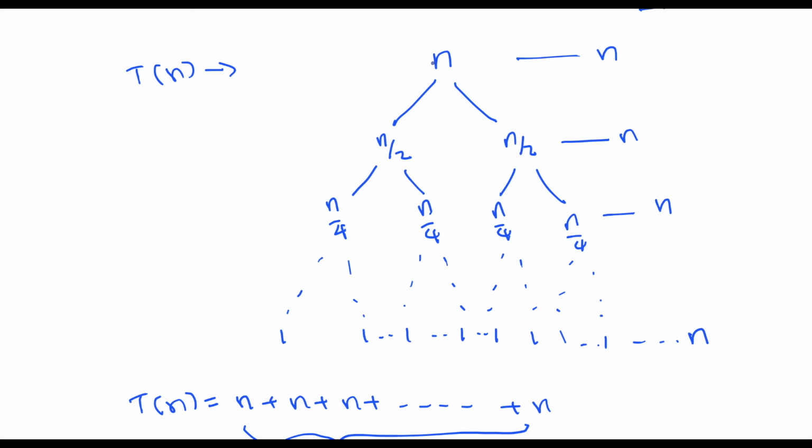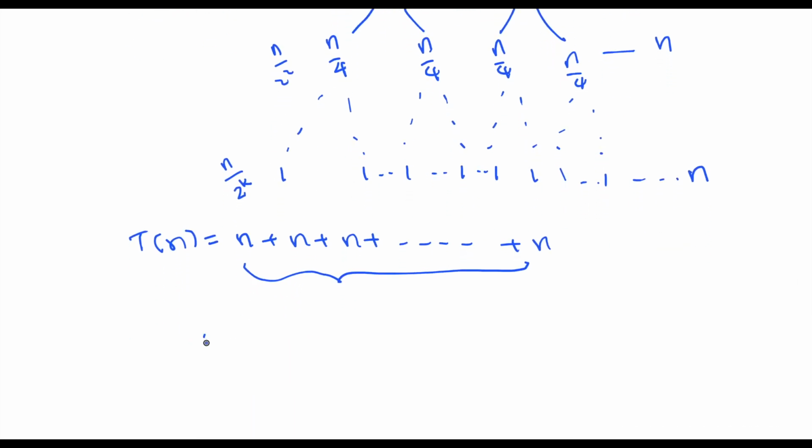Here you have an input size n, so this can be written as n/2^0. So this one is n/2^1. This is n/2^2. At the end you will have something like n/2^k, and this k is the number of levels of the recursion tree, and we have to find this value of k. To find the value of k, we should have n/2^k equal to 1, that is the input size.